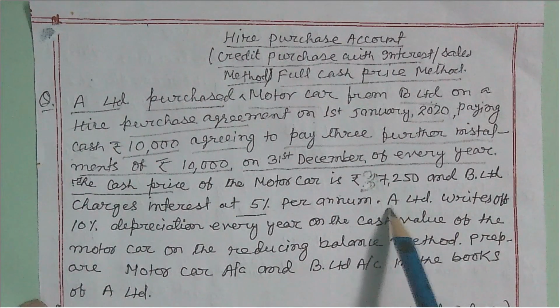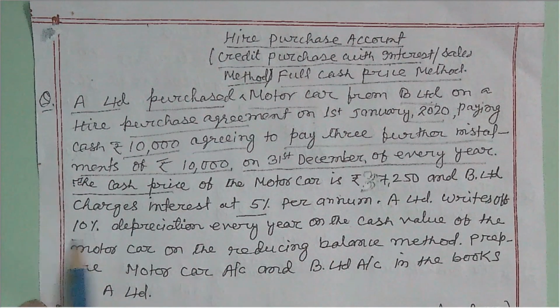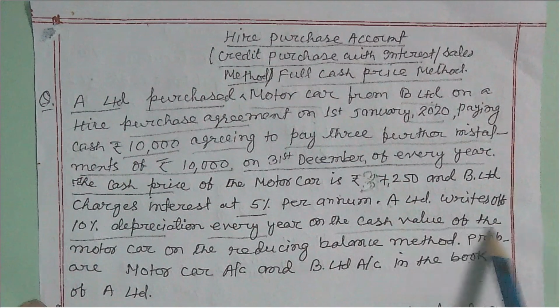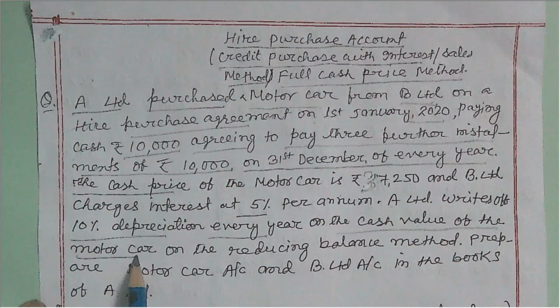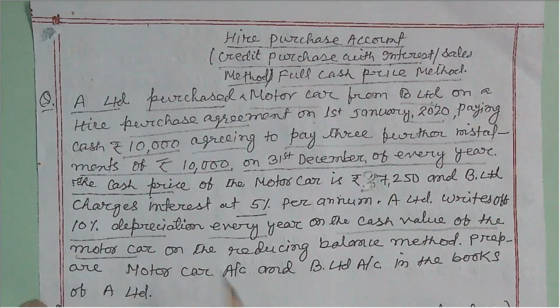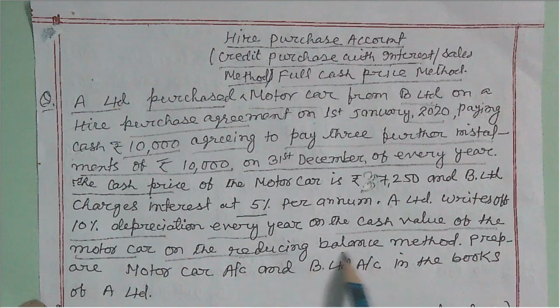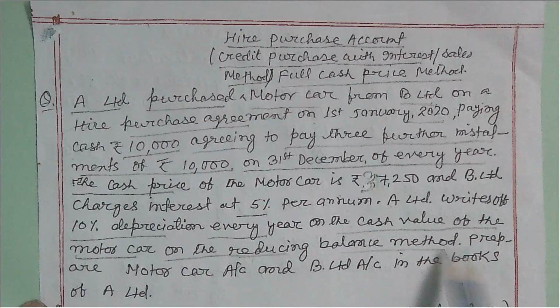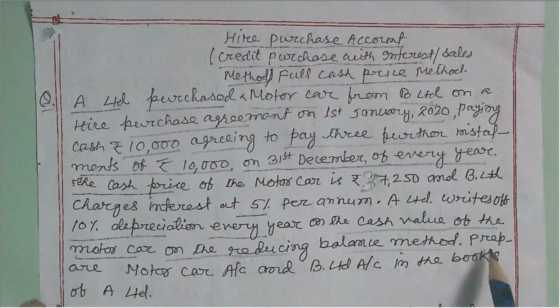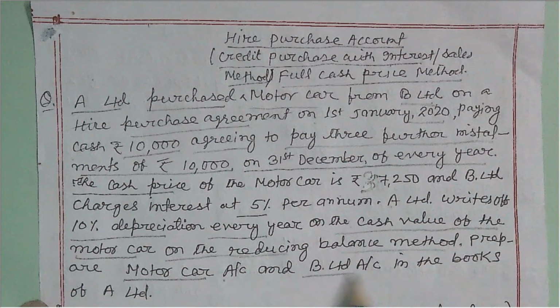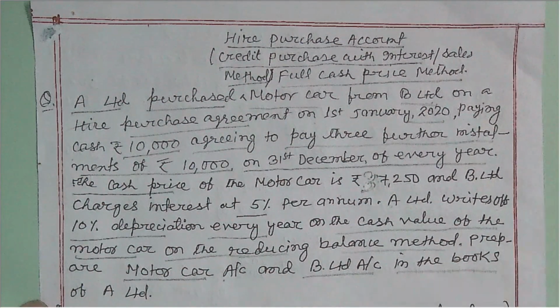A Limited writes off 10% depreciation every year on the cash price of the motor car, the cost price, which is also called the original cost, on the diminishing or reducing balance method. You have to prepare the motor car account and B Limited account in the books of A Limited.